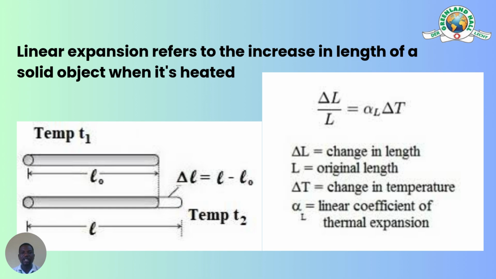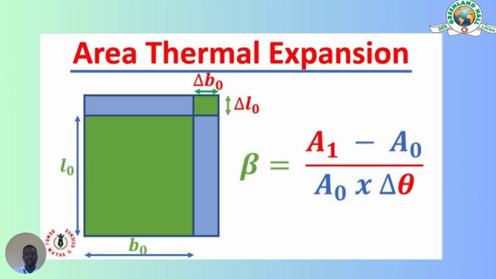So alpha is called the coefficient of linear expansivity or expansion. And this is the formula to calculate any small increase in length: change in length divided by the original length equals alpha multiplied by delta T.